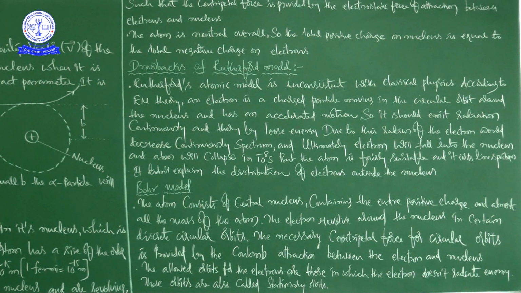Afterwards, Rutherford's atom model, where we discussed the core information that is practically valid, and then the drawbacks of Rutherford's model. Thereafter we discussed the Bohr model and the important information from it. We will continue with the Bohr model in the next class. Okay, thank you.